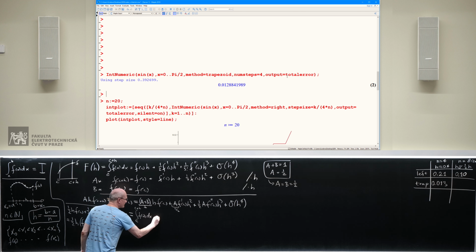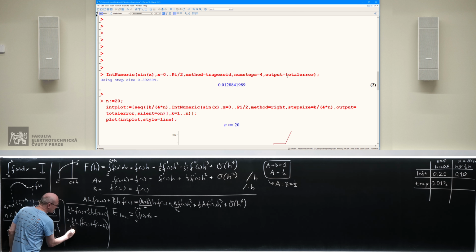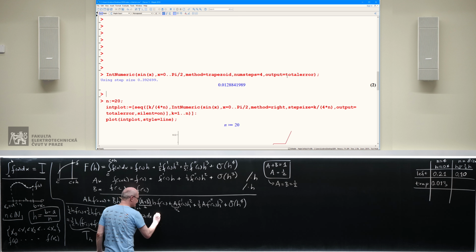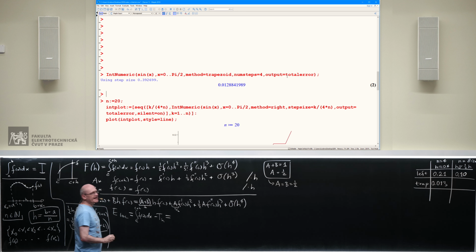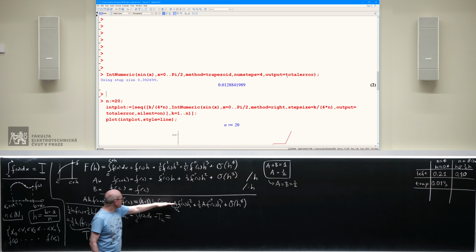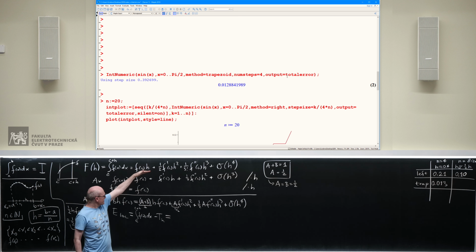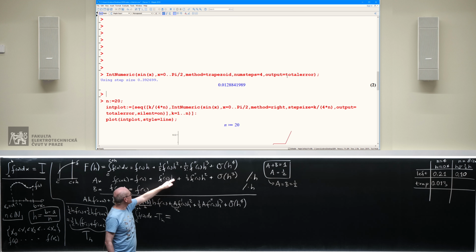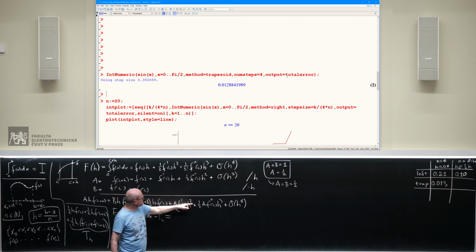It's the integral minus, and let's call this one T_h, the trapezoid approximation. And now what do we get? We are actually subtracting this series from this series, with the understanding that this is 1 and this is 1/2. So when we subtract, this term cancels, this term cancels, and this term we are not quite sure.